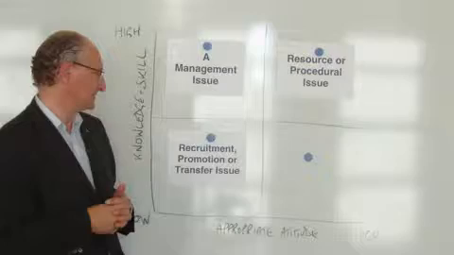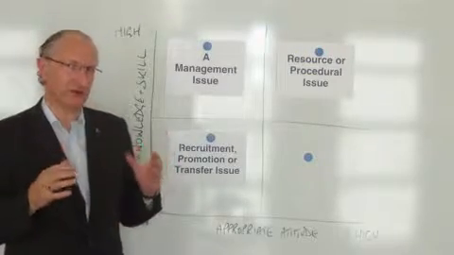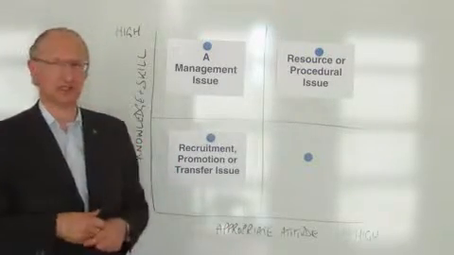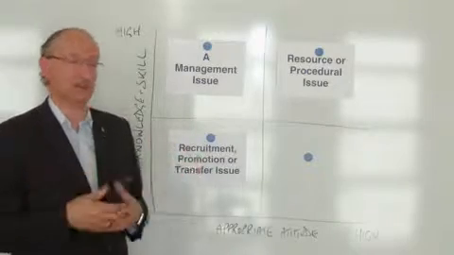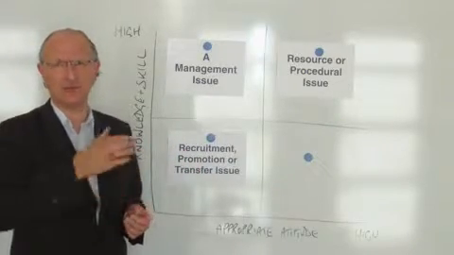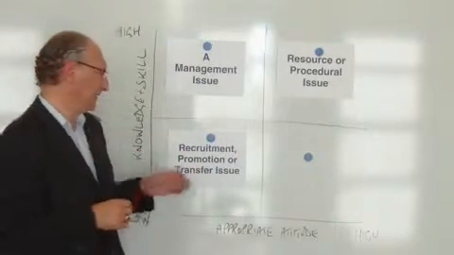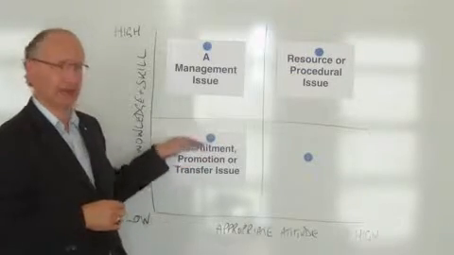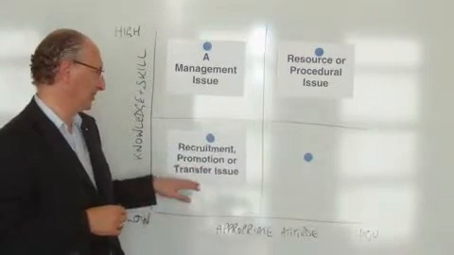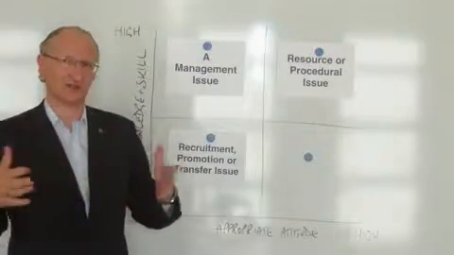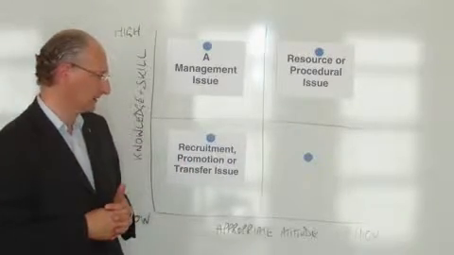If we don't address these attitudinal issues, what training is doing is almost trying to paper over the problems that have been created by inappropriate recruitment, inappropriate promotion, or inappropriate transfer from one job to another.